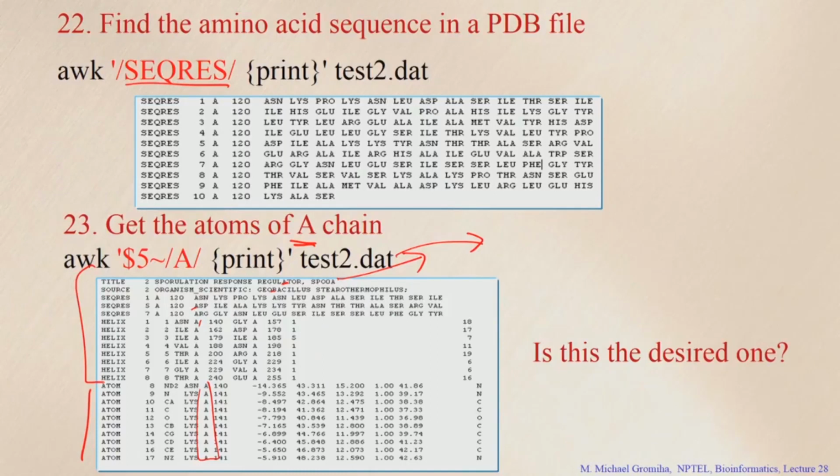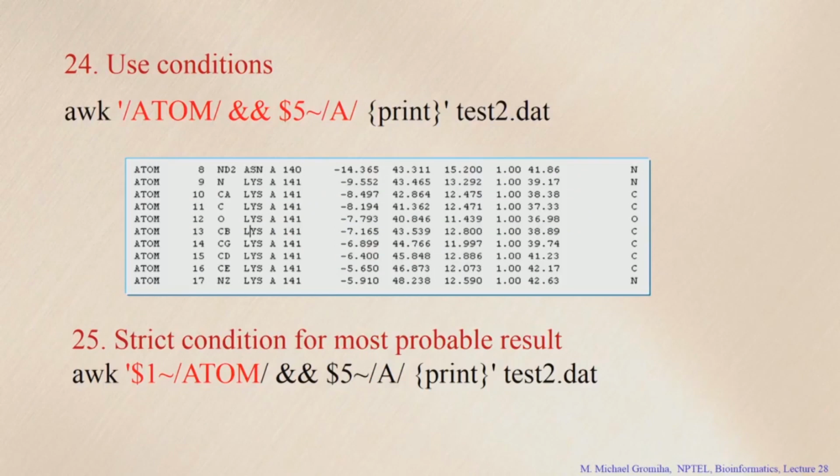So we can give another condition: the first field should be atom, and then the fifth field should be A. This is the AND condition. If you put the tilde symbol, the fifth column starts with A, then you print.